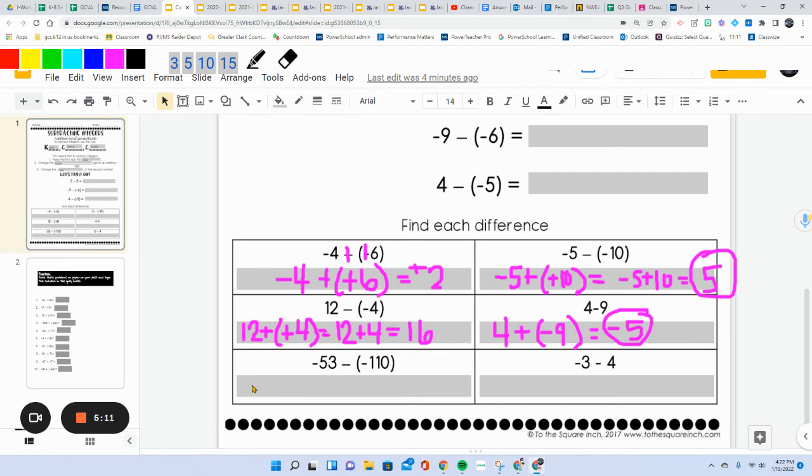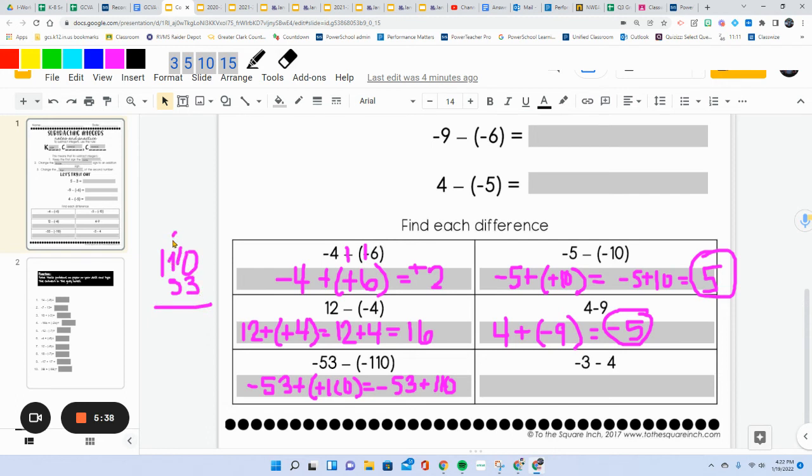Ooh, this looks like a grosser number. So I'm keeping, I'm changing, and I'm changing. Which means negative 53 plus 110. They are different signs, so I have to subtract. And I do have to go off to the side. I can't do that in my head.